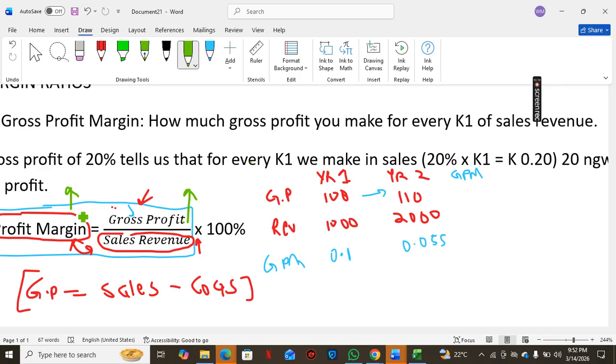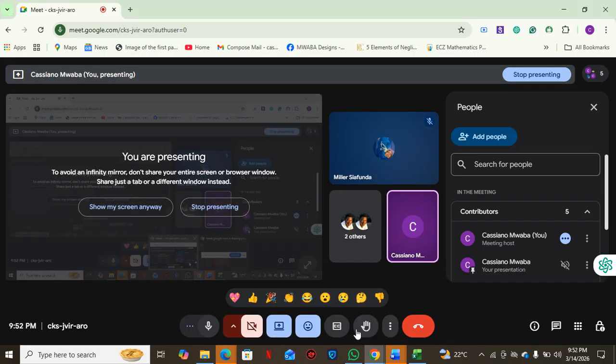So my next question that I need to ask you, colleagues, is how can a business lower its cost of goods sold? Because as you're making a ratio analysis, you need to interpret these things. So, how do you lower your cost of goods sold?